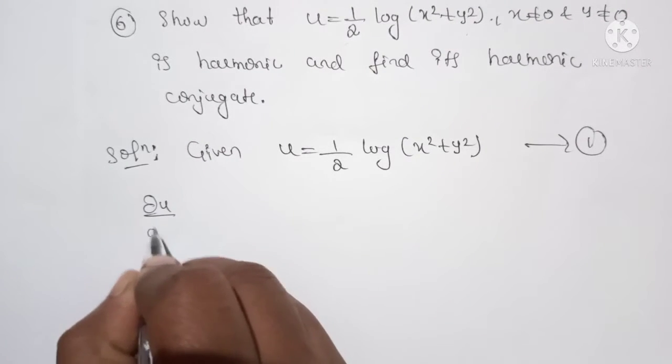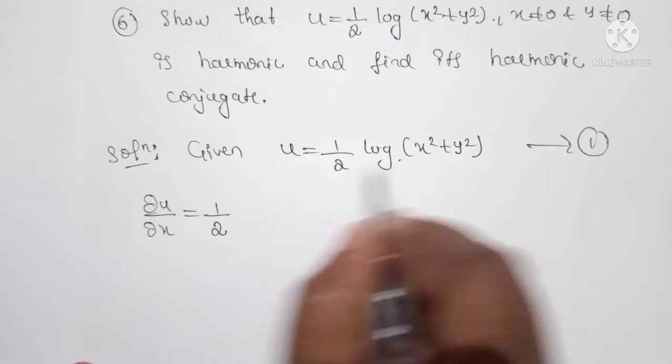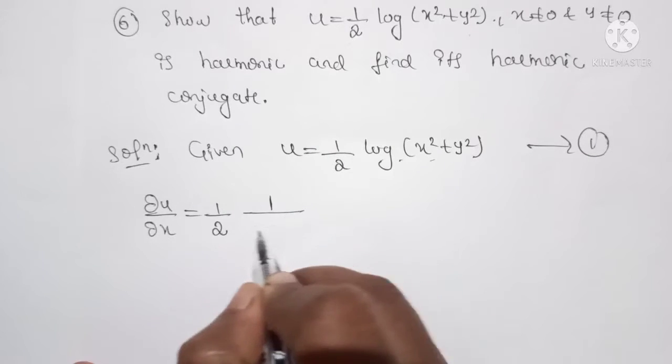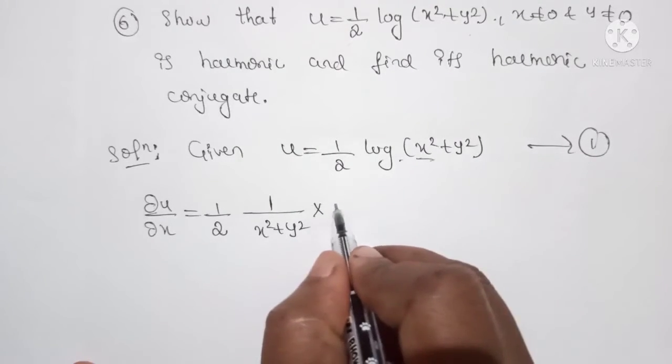∂u/∂x equals 1/2 times the derivative of log of (x² plus y²), which is 1/(x² plus y²) into the derivative of x², which is 2x.